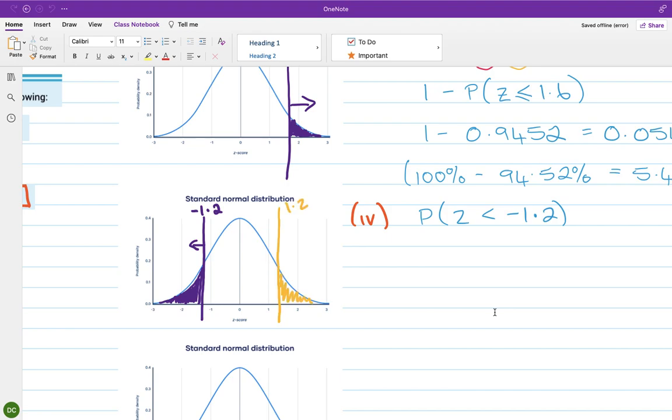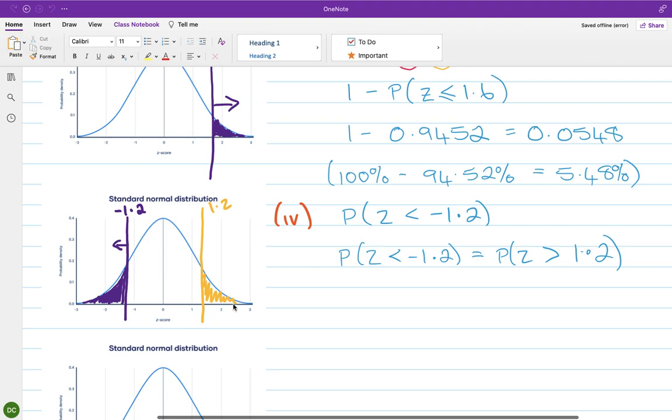So basically what we say is the probability of z being less than minus 1.2 is the same as the probability of Z being greater than 1.2. They're the same, as in the size of that purple section is the same as the size of that yellow section. Yeah?